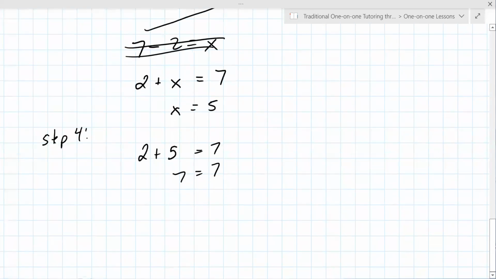And then what is step 5? Is to write down your answer. So it'd be she needs 5 more cups of sugar, to complete the 7 cups that are needed.